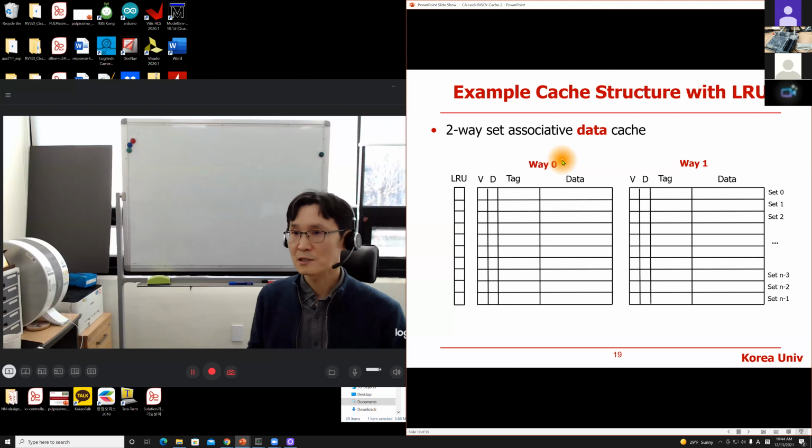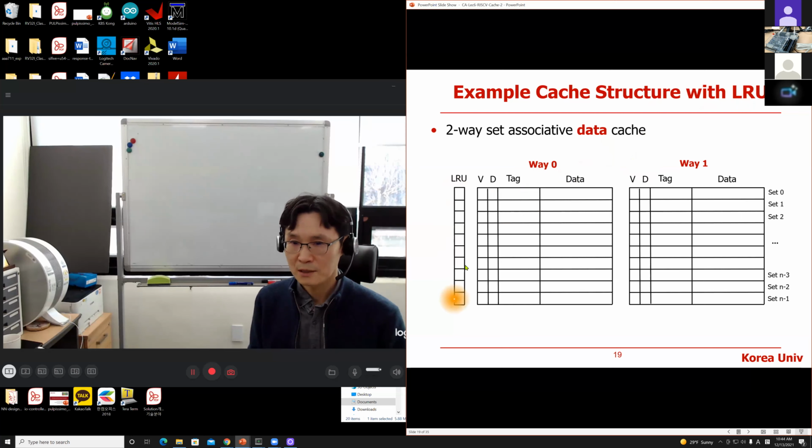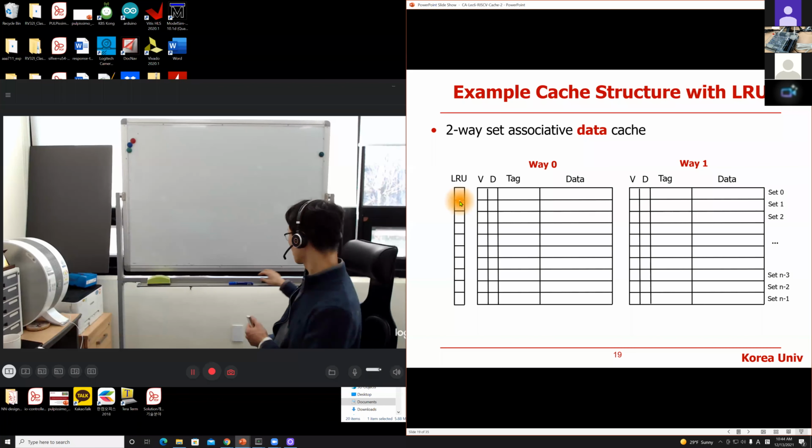Then the question is, how do you implement LRU in hardware? That should be managed by hardware. In two-way set associative, it is very simple. You can use just one bit for each set. So like this, set number 0, you have an LRU bit. Set number 1, you have an LRU bit. Let me draw.